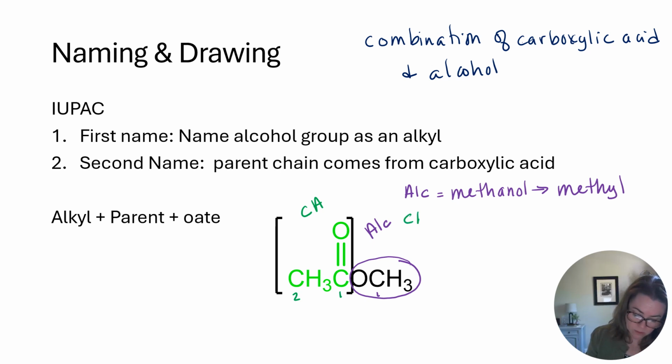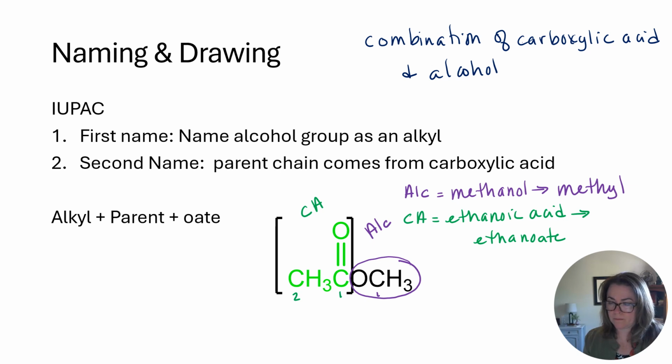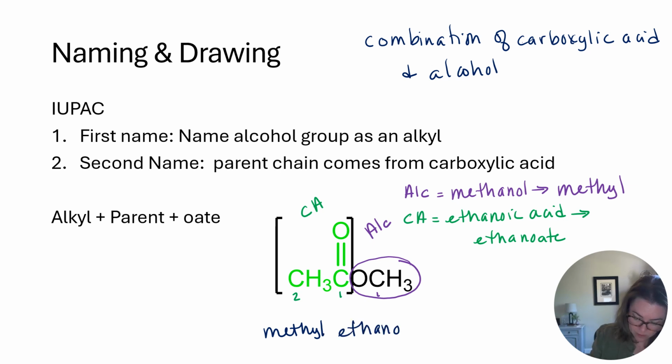So my original carboxylic acid is an ethanoic acid, and this is going to give me ethanoate. Now when I put these two together to give the full name of the ester, this is methyl ethanoate. And notice it is two names, so it is two words, methyl ethanoate.